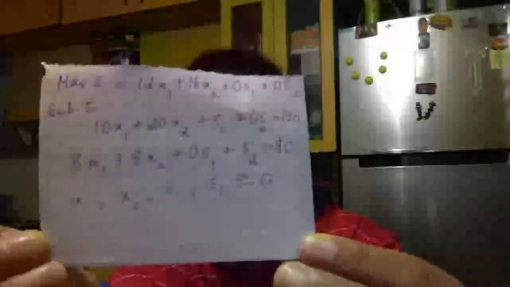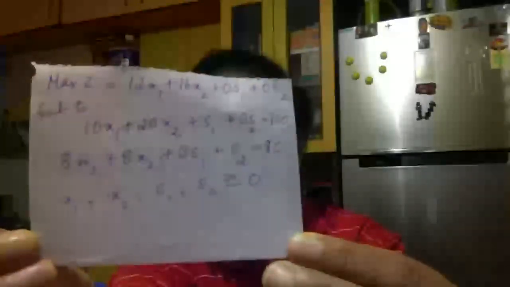Now for the non-negativity restriction, you have to put x1 greater than or equal to 0, x2 greater than or equal to 0. Also s1 and s2 greater than or equal to 0. So we can straight away put it as x1, x2, s1, s2 greater than or equal to 0. So this completes the standardized equation.